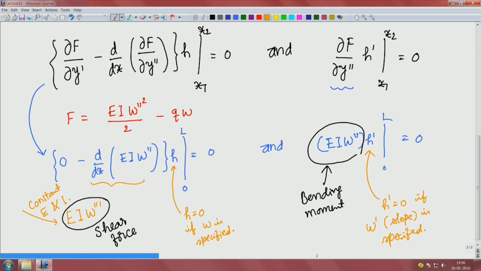When they are not specified, the corresponding ones, in this case the shear force and bending moment, are 0. Whenever h is not specified, w is not specified or h is not equal to 0, according to the boundary condition EI w triple prime for constant E and I must be 0. Likewise, if w prime the slope is not specified, the corresponding bending moment should be equal to 0.